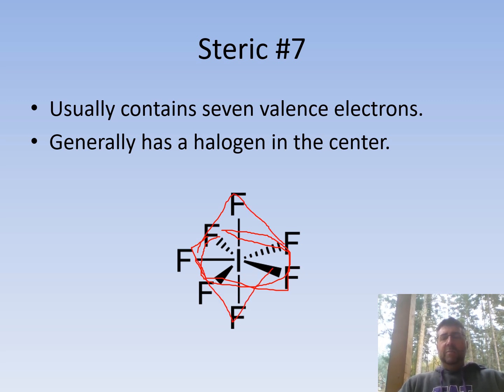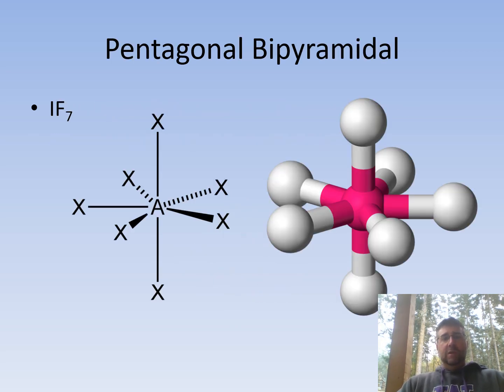So this is actually called pentagonal bipyramidal because there are 2 pyramids. I'm not going to test you on steric 7. I will only test you up to steric number 6, but I just want to show that it does exist. So here is your pentagonal bipyramidal.